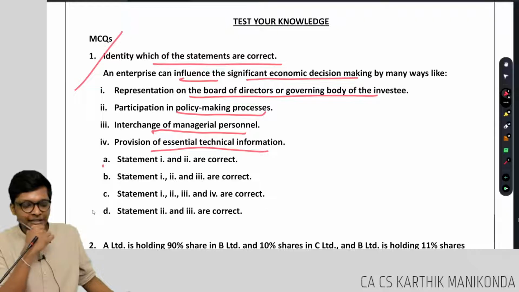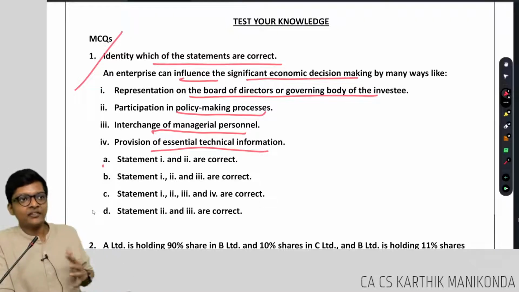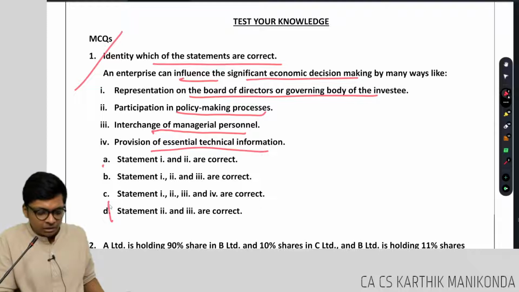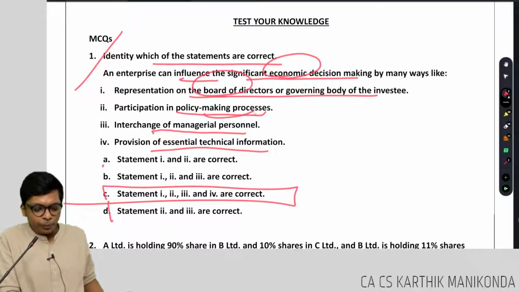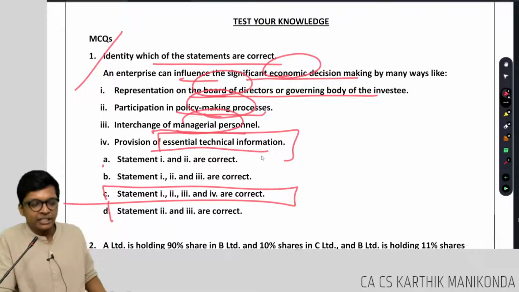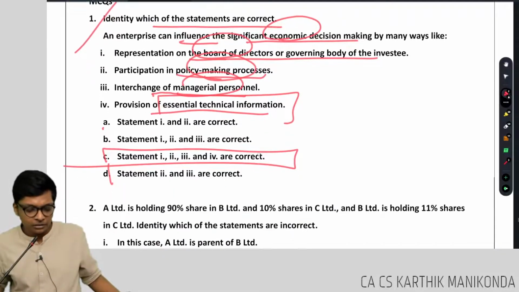The standard says significant influence means participating in operations and finances. So everything is included. Answer is C. All are correct. Are you following, guys? Economic decisions, representing board, policy making, interchange of managerial personnel, and provision of essential technical information. All are participation in the company.